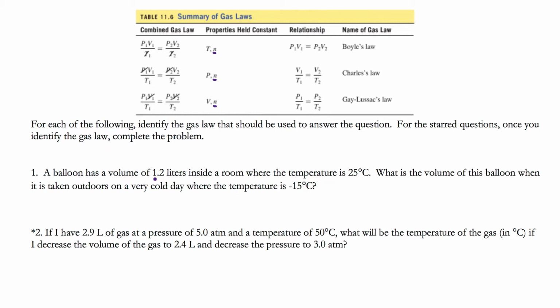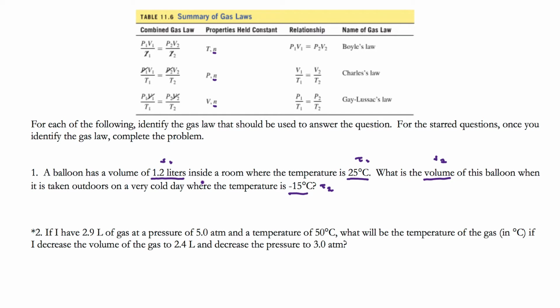It says a balloon has a volume of 1.2 liters inside a room where the temperature is 25 degrees Celsius. So this would be my V1, this would be my T1. What is the new volume, so V2, of this balloon when it is taken outdoors on a very cold day where the temperature is negative 15 degrees Celsius. So that's my T2.